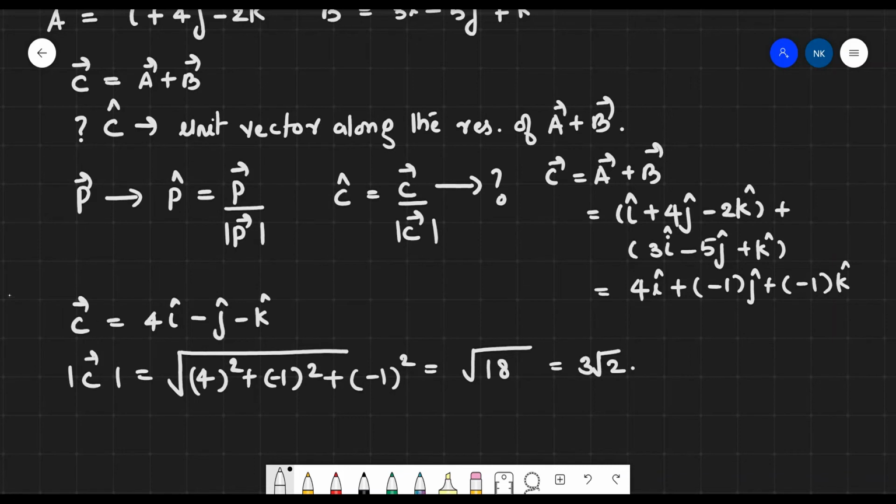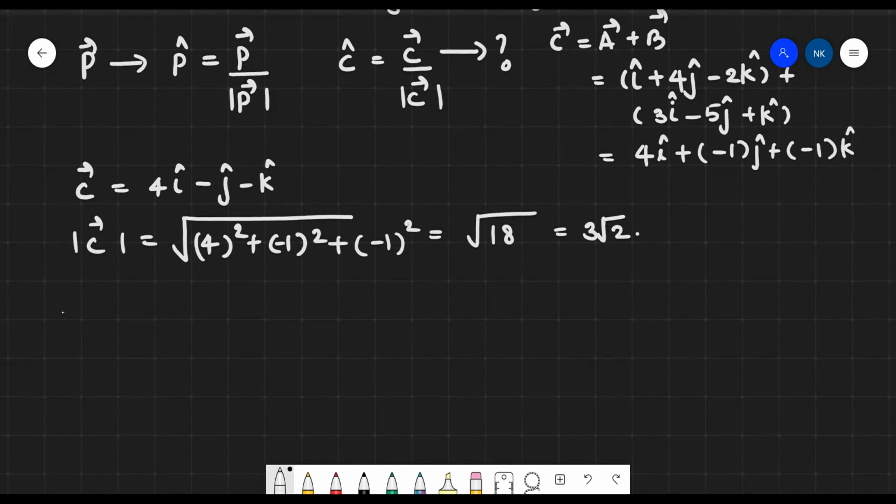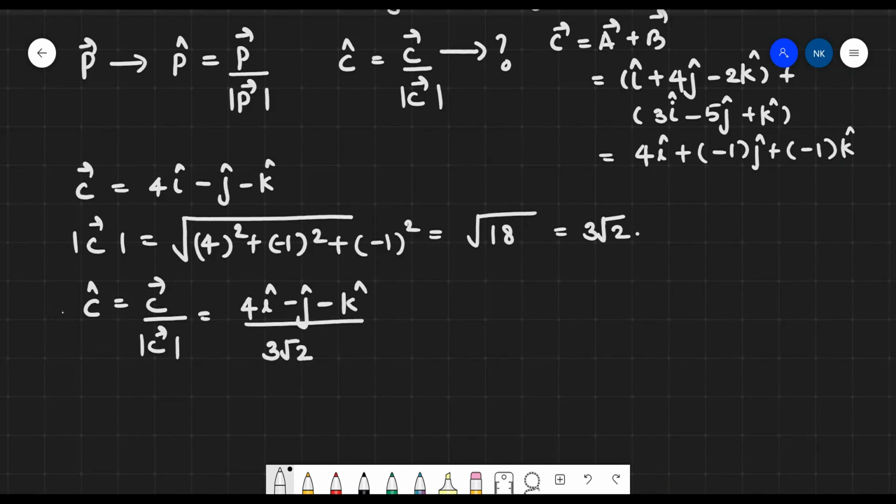All right, अब हमें क्या find out करना है, C cap. What is C cap? C cap is C vector upon magnitude of C, that is 4 i cap minus j cap minus k cap, all divided by 3 under root 2.